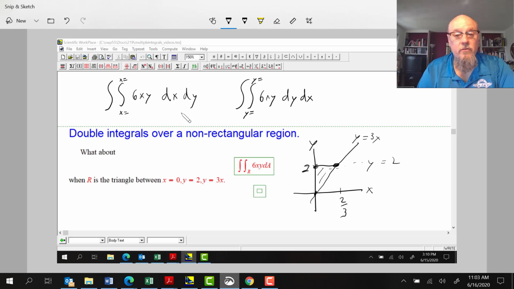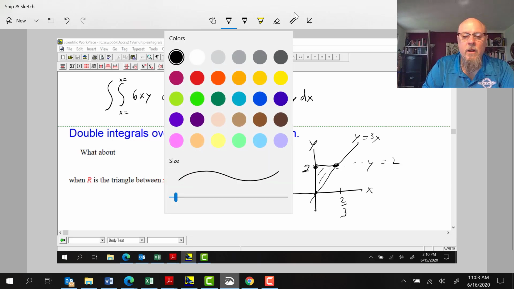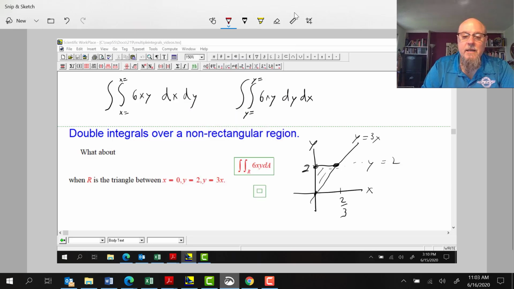And these two integrals have to give me the same number at the end, right? We're essentially getting the volume with this footprint and 6xy as the roof. So the volume of that shape, the value of that double integral, should be the same. Now, let's see where our differences lie.